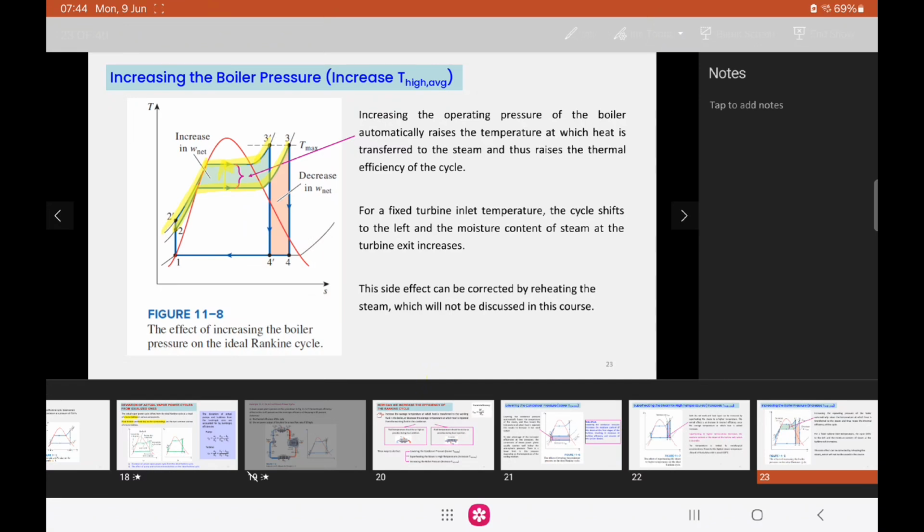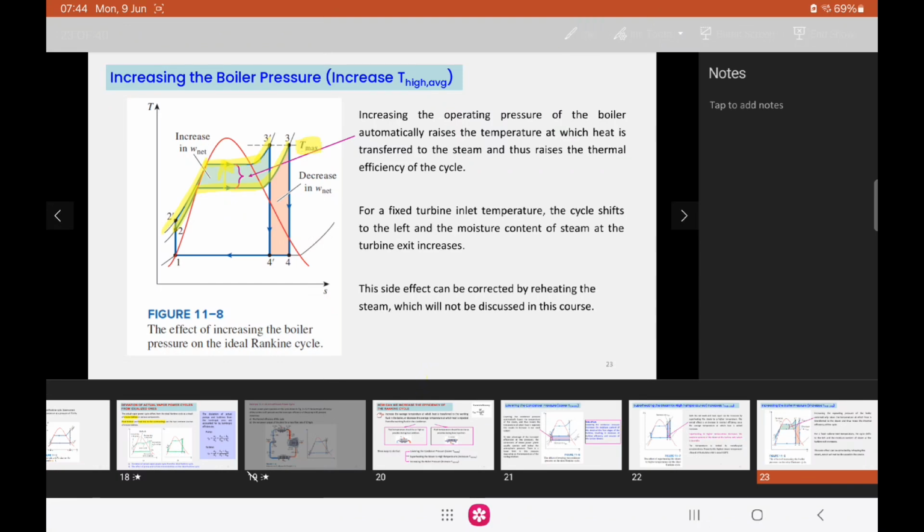One thing that we need to keep in mind is that for a fixed turbine inlet temperature, let's say you fix the temperature of the steam that comes into the turbine. In this case, let's say at Tmax, this is the temperature that steam comes into your turbine.